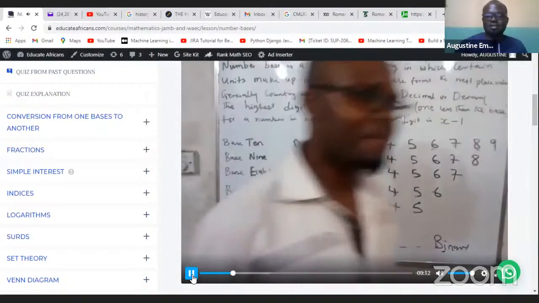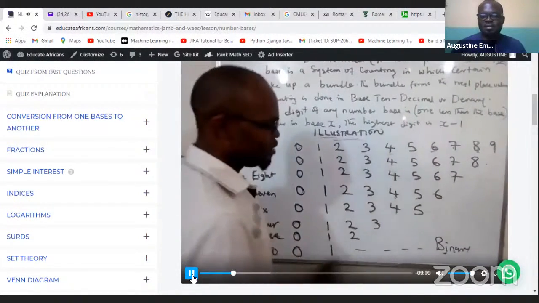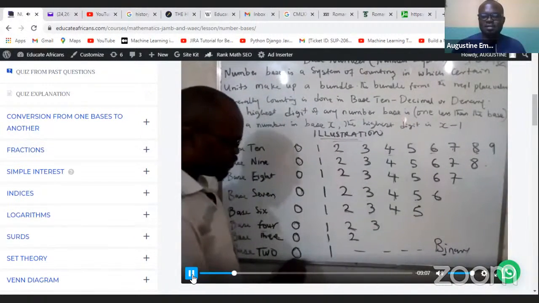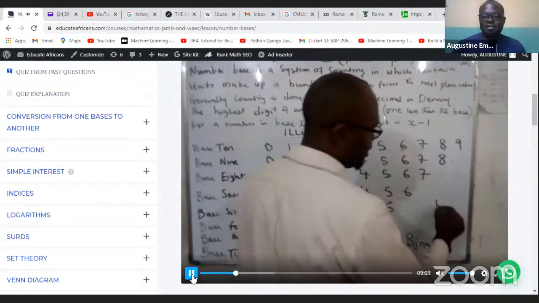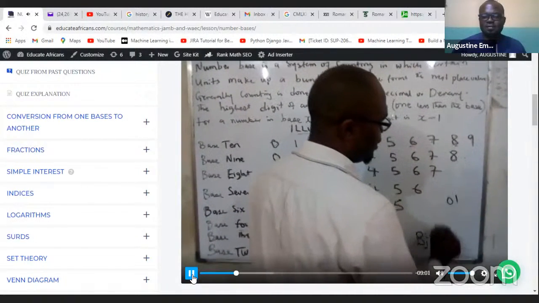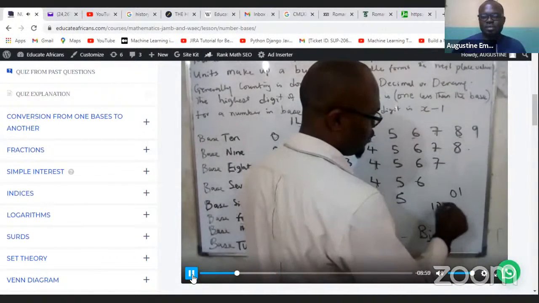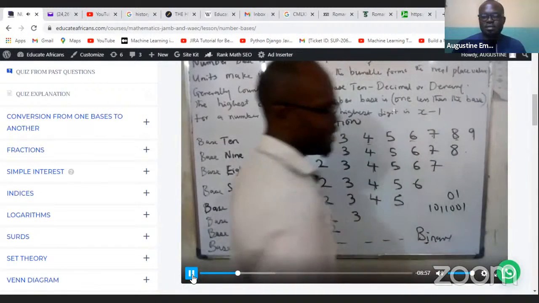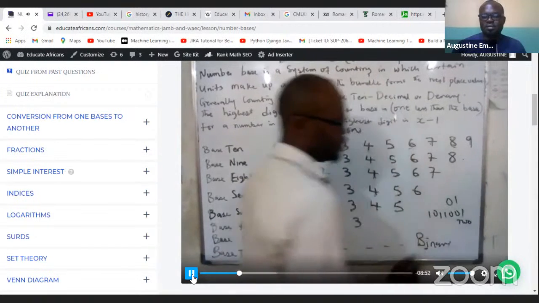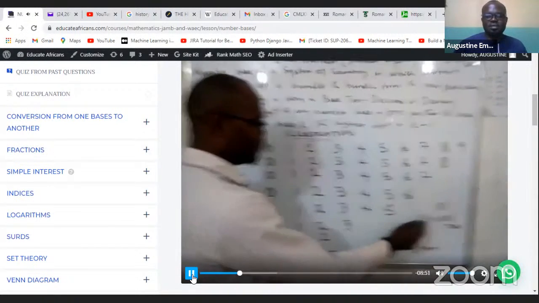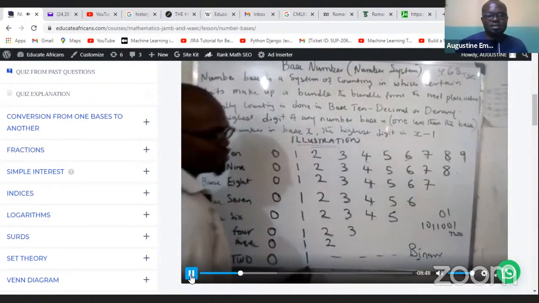In computing, they normally use base 2, because they are seeing functions of mainly zeros and 1. If you have a number such as 1, 0, 1, 1, 0, 0, 0, 1, this number is in base 2, because it comprises only 0 and 1.